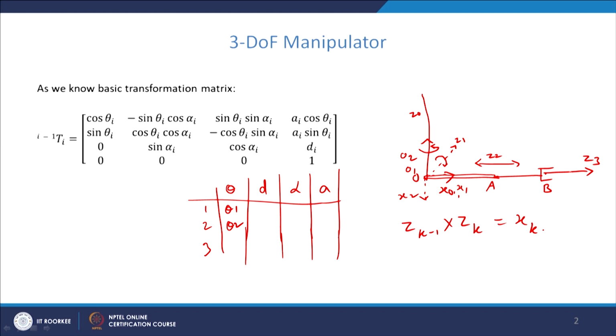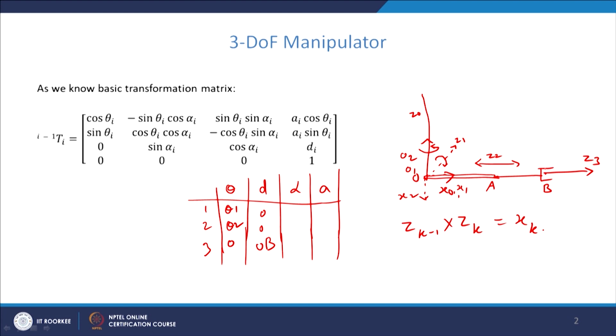The two z axes are parallel. So, the third one is a constant. The joint angle is fixed here. The joint distance: all the origins are coinciding at the same position. So, here the joint distances are all 0, first and second. The third one is OB, because the end effector position is at B, the origin is here.